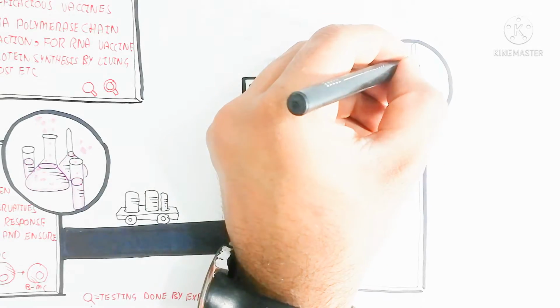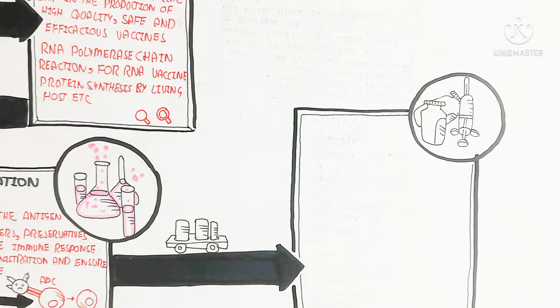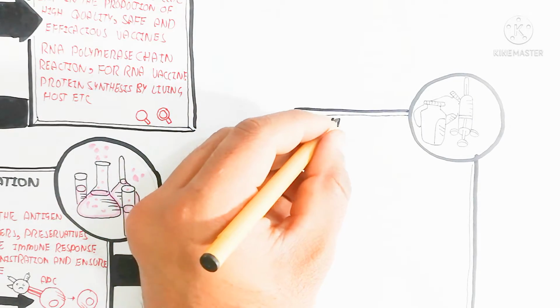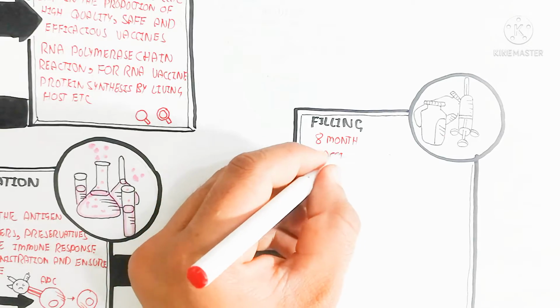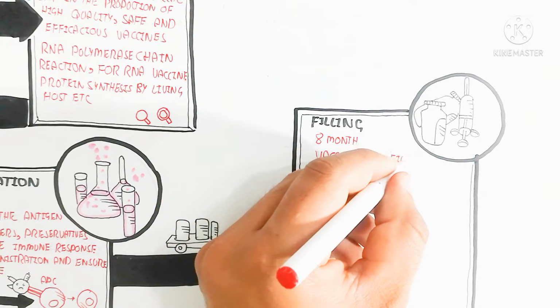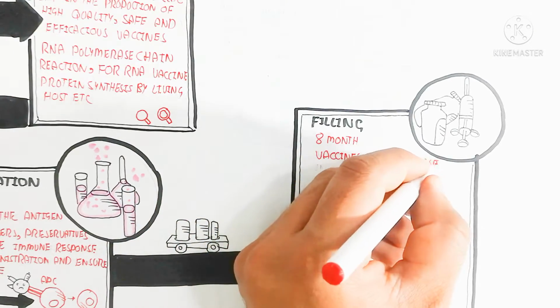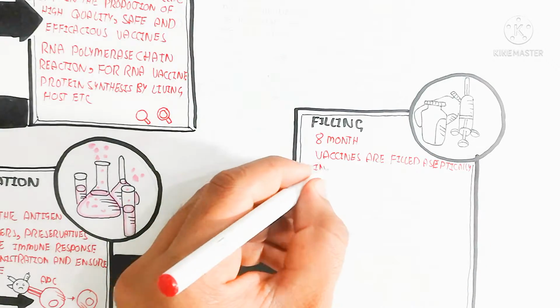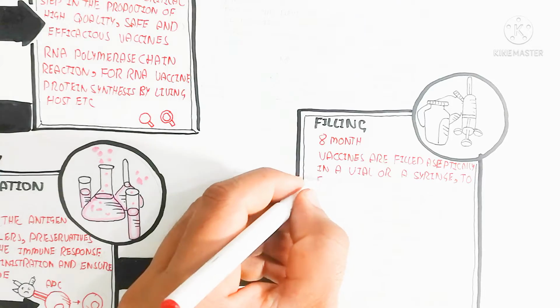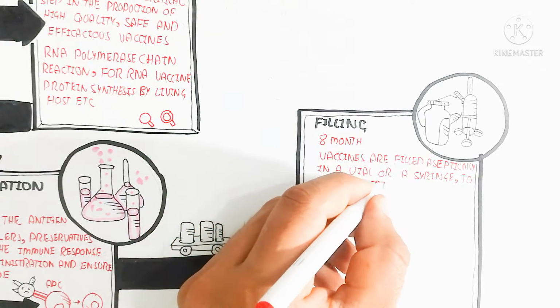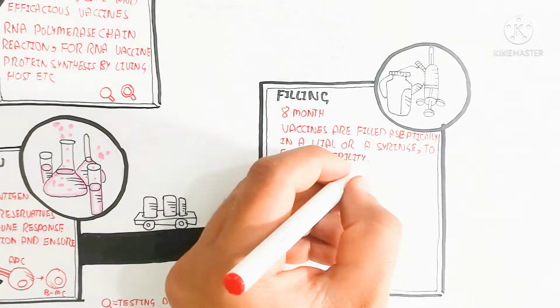It can be done in another manufacturing industry, or the same industry, depending on the working process. Filling requires 8 months. Filling means the complete filling of the vaccine in a bottle or something.